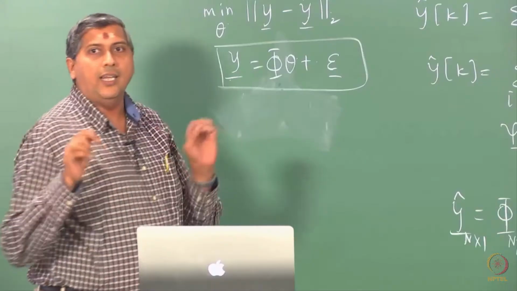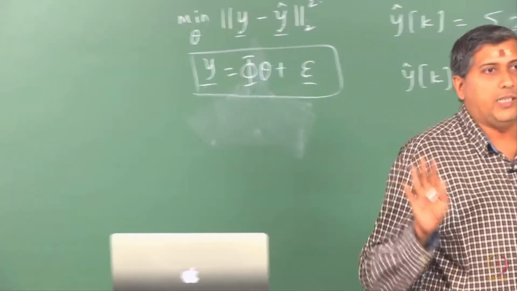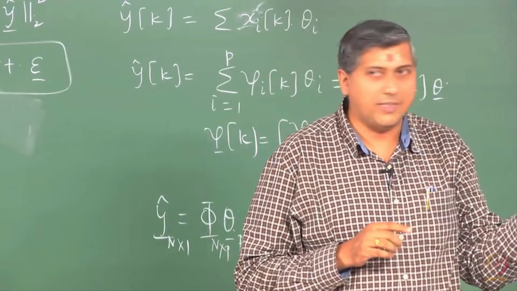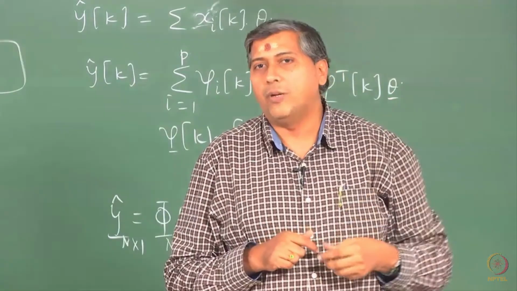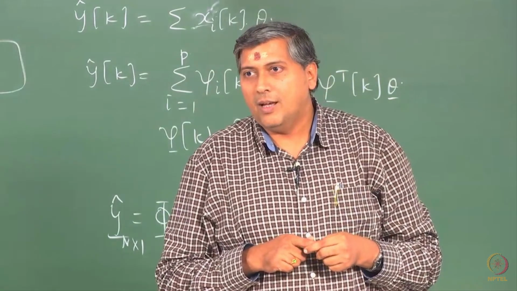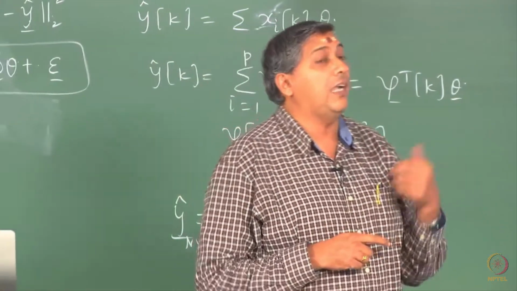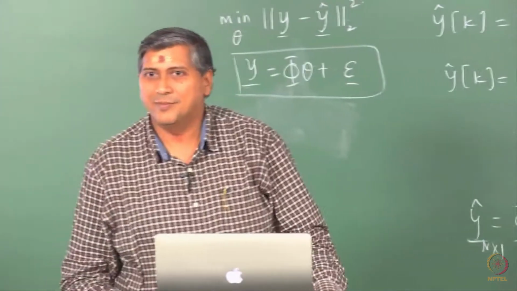What I am doing here, in this equation, is saying phi theta will never fit any of these observations exactly. Phi theta is a prediction, or the approximation, of y. It does not fit any of the observations exactly. It leaves an error in the prediction of every observation. On the other hand, I could have said, why should I do that? At least let me satisfy exactly p out of n observations.